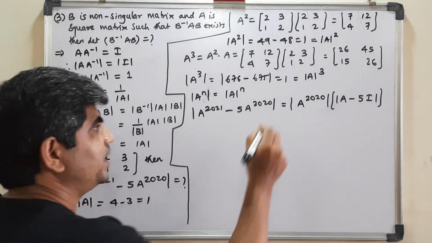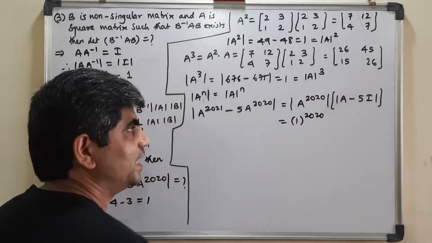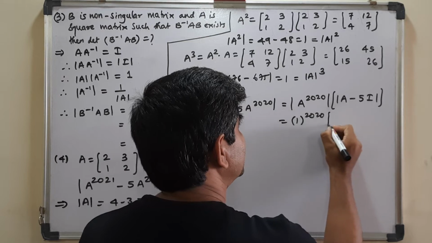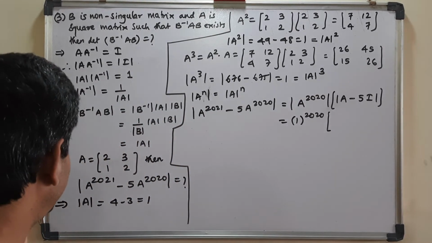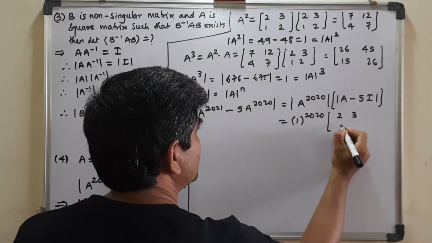The determinant value of A raised to 2020 is 1 raised to 2020, that does not matter. And what is the determinant value of this A minus 5I? That means I need to find A minus 5I here, that is [2, 3; 1, 2] minus 5I.